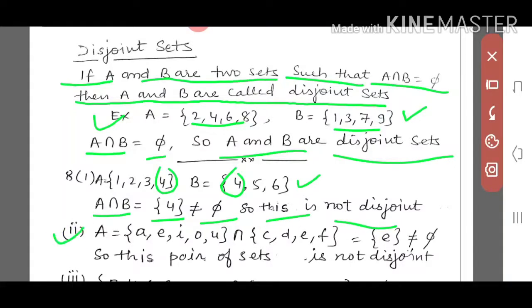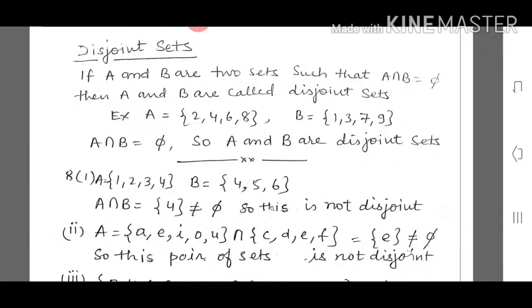Similarly we check the second. Here A is given, the elements are A, E, I, O, U, and the second set B is C, D, E, F. Here the common element is E. E we have in both, so the intersection is {E}, which is not a null set. So this pair of sets is not disjoint.